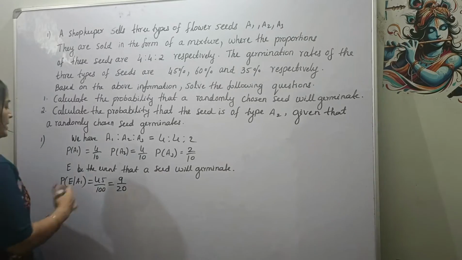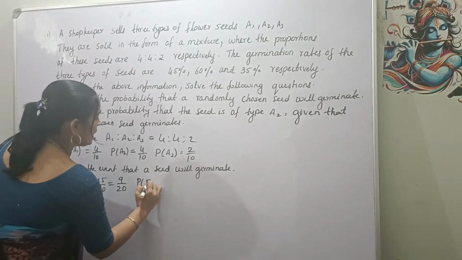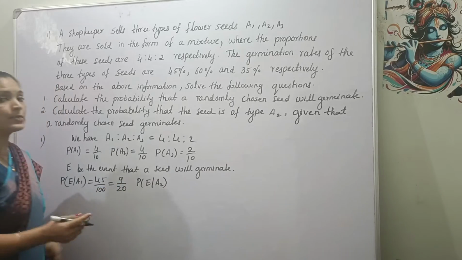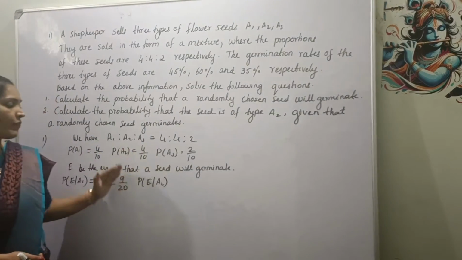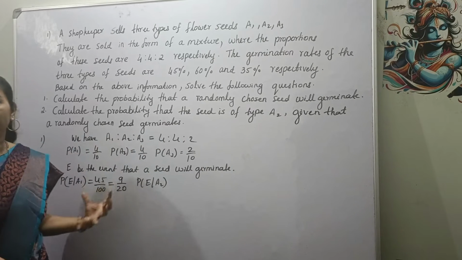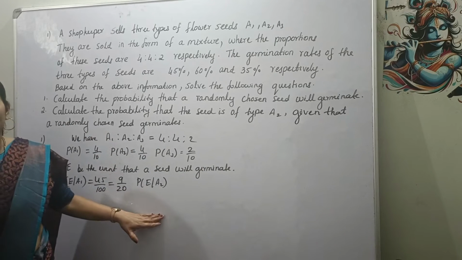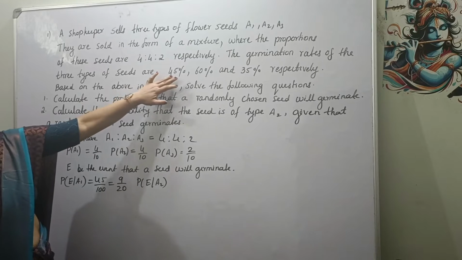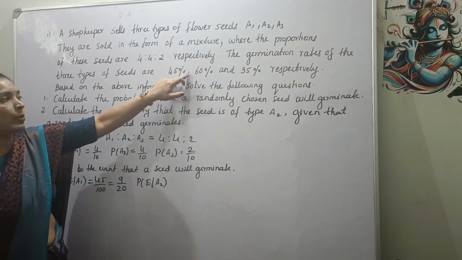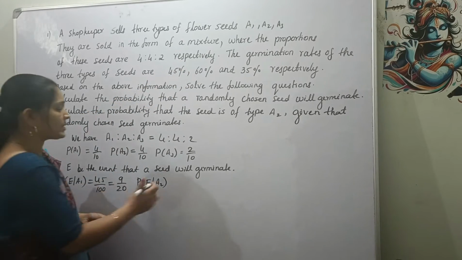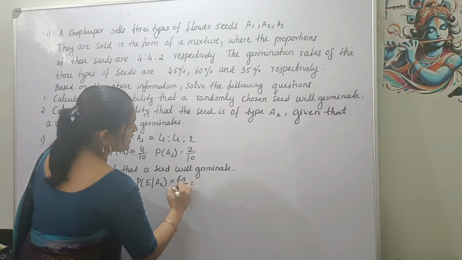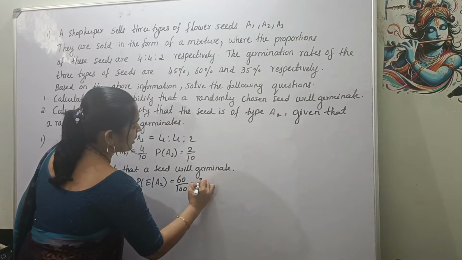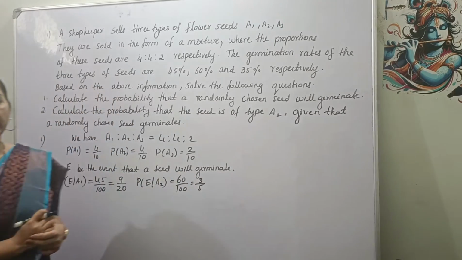Okay. So next is probability of E given A2. That is probability of a seed will germinate, it is given that the seed is A2. Okay, so it is given that is 60%, right? Probability of E given A2 is 60%, that is 60 divided by 100. That is 6 by 10, 3 by 5, right?